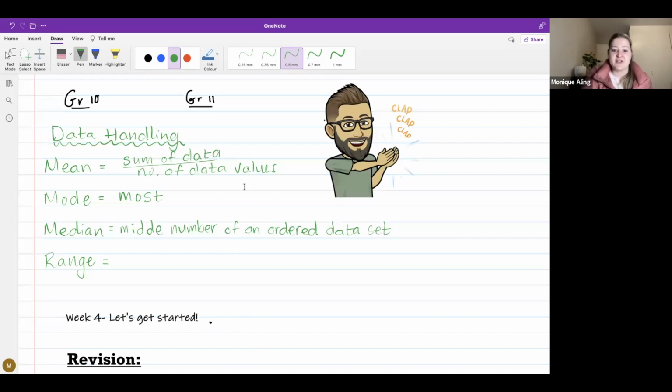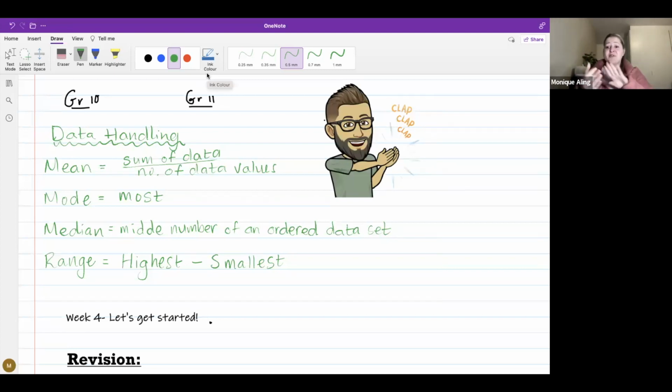Beautiful definition. Okay, and then range. Now it's an easy one. Yes, our highest or biggest number minus our lowest or smallest. Good.